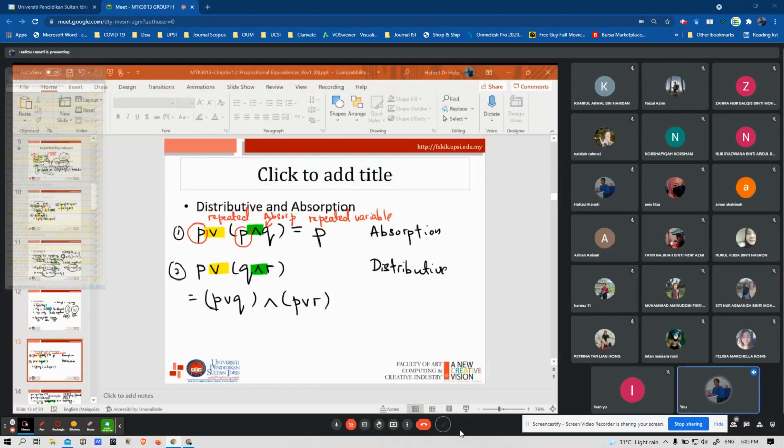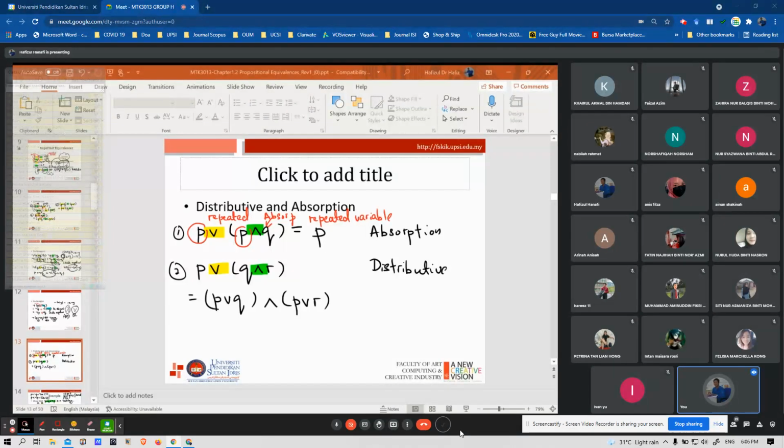The law of absorption is named because of the term repeated. For example, P or P and Q, and then the term Q is absorbed by P. We have a repeated variable, P and P.